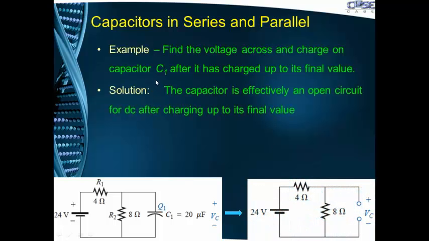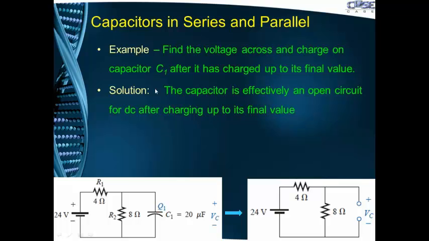Next example is to find the voltage across and charge on capacitor C1. So what is the voltage across this capacitor for 24 volts applied, and these are the two resistors. We are asked to find the voltage across this capacitor C1, and what is the charge Q1 accumulated across this capacitor.